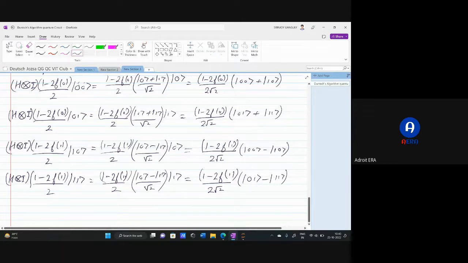Okay, so these are the states, and now what we are going to do is assimilate them together. Once we assimilate them, what will be the result?